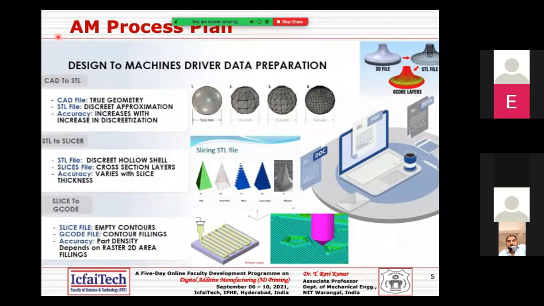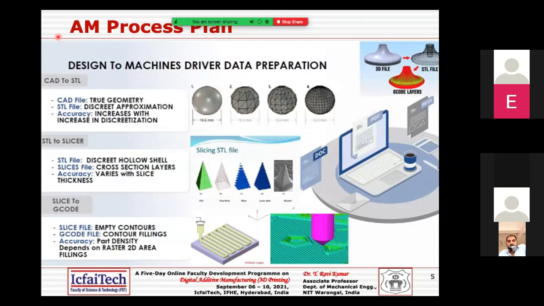Seeing the sort of resolution in the STL file, then how it is getting sliced. So the next step could be the slicing of your STL file. For these slices, we need to select a certain resolution, meaning the layer thickness, and that will dictate things. If you go for very thin layers, we can get very accurate parts, but that is at the cost of build time.